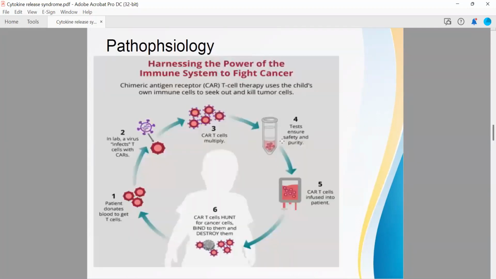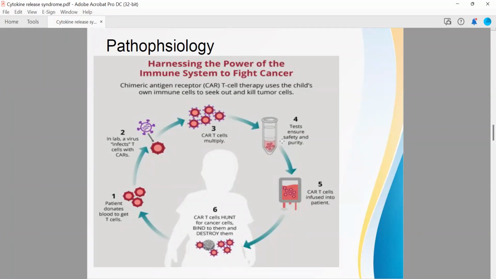Next comes pathophysiology, how it occurs and what functions take place. You can see the pictures. First there is a patient, who donates blood to get T cells. In the lab, the cells are engineered with a virus to express CARs, and the CAR cells get multiplied.